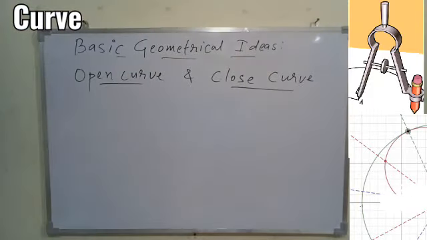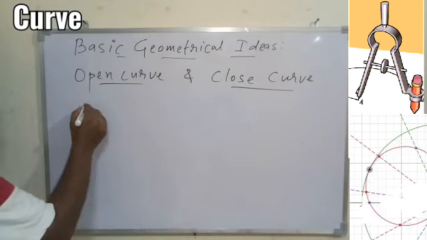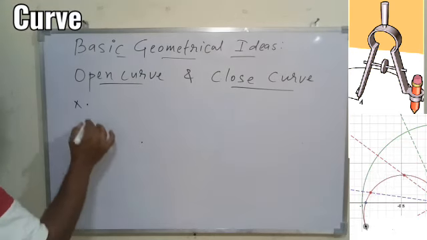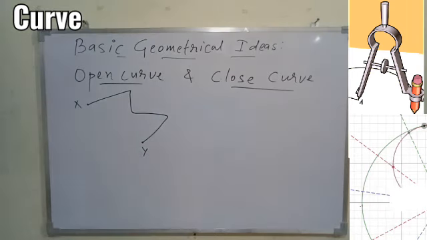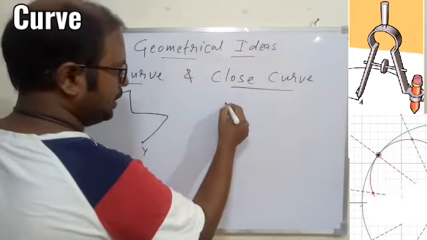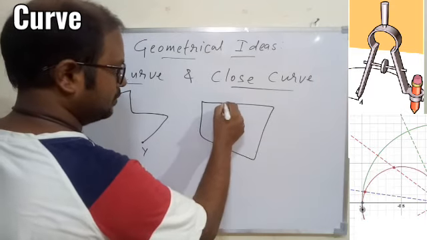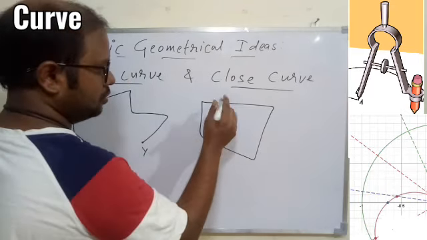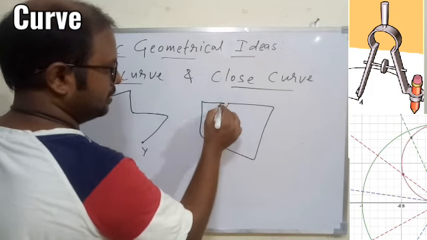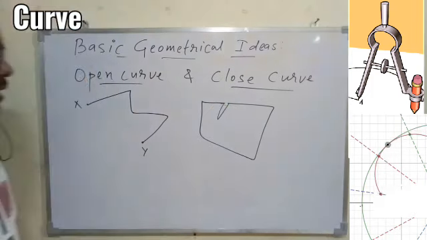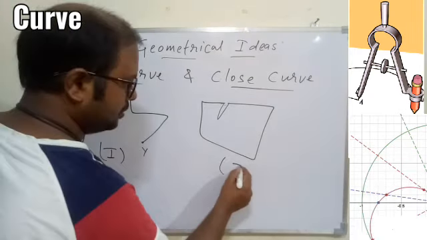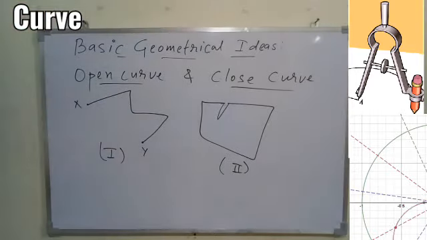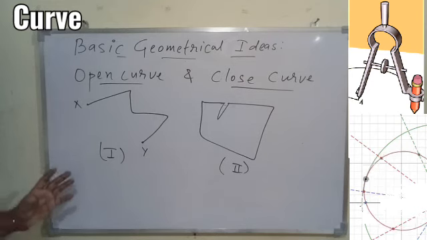Again, with the help of a diagram we can understand it. Let's talk about x to y. This is a kind of curve, and I'm making another one. If you see, this is number 1 and this is number 2. I hope you are able to see with the help of the diagram that the two curves are not the same.